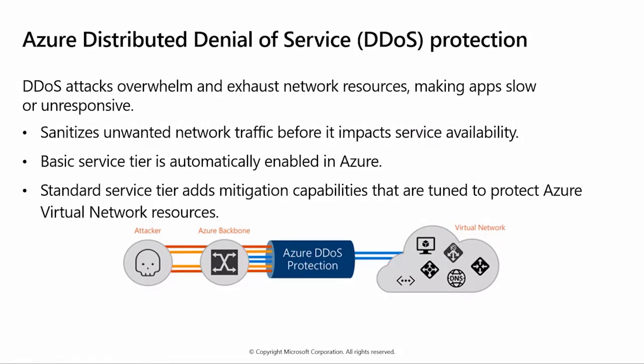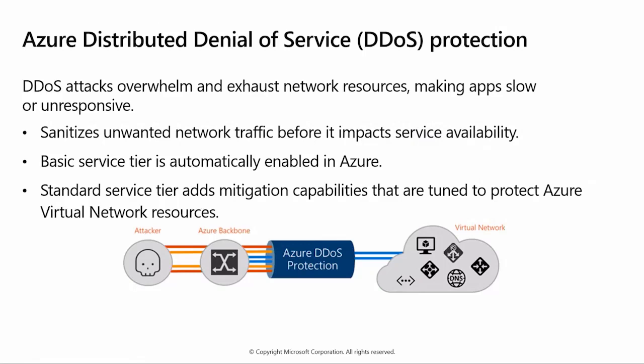A DDoS attack, a distributed denial of service attack, is when an overwhelming amount of traffic is sent to your Azure network or your resources, and essentially it overwhelms your resources, making them slow, or it can even take them down completely. Now, where this is different from the Azure Firewall, which is just verifying, yep, this is allowed traffic, this isn't, the DDoS protection is asking, is this valid traffic?